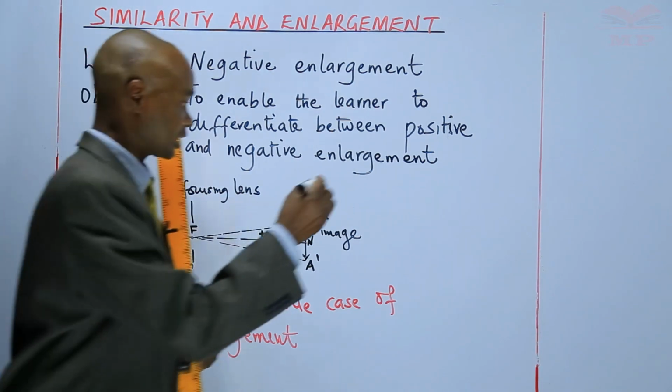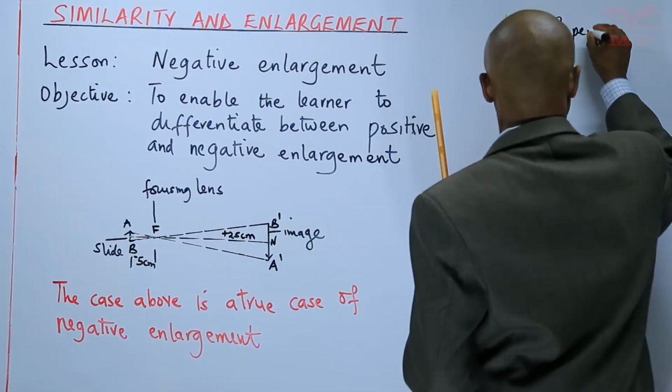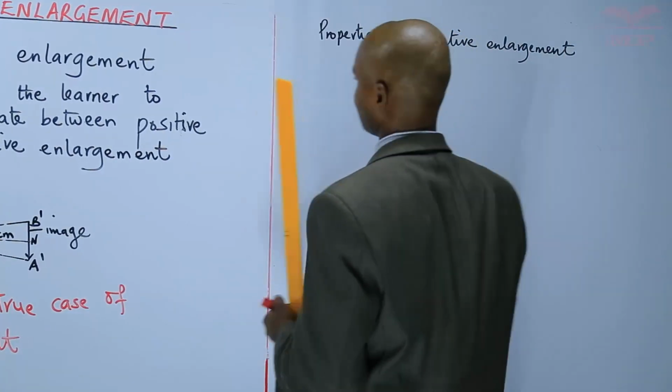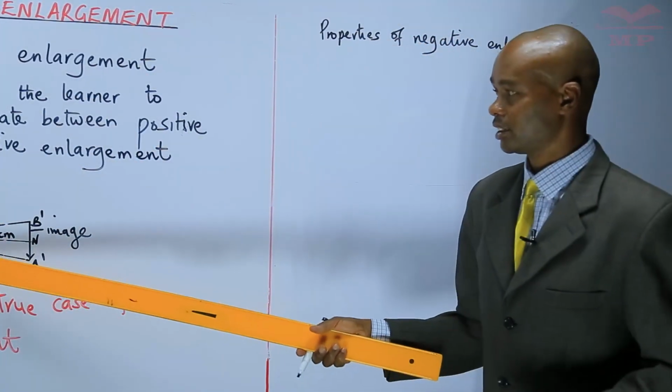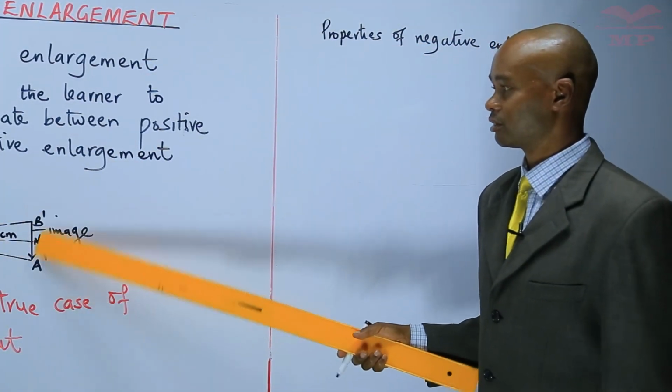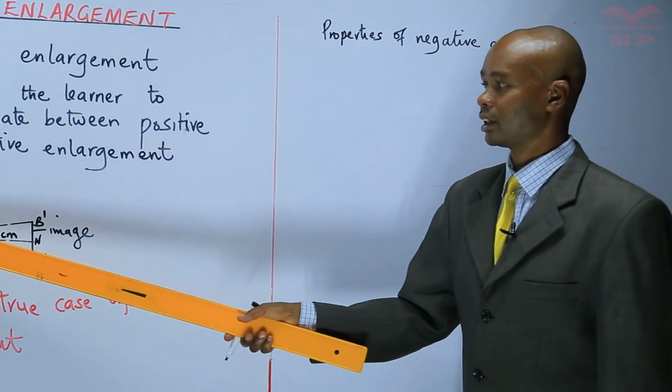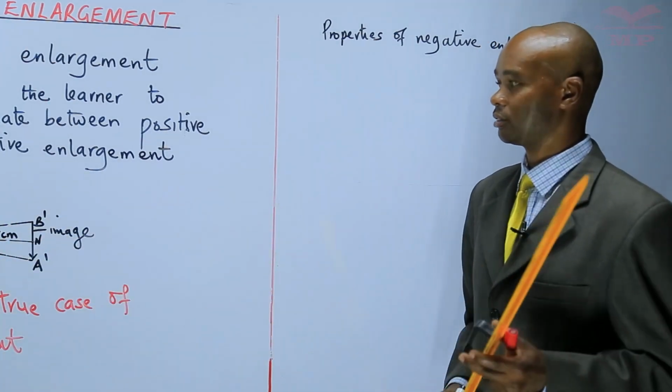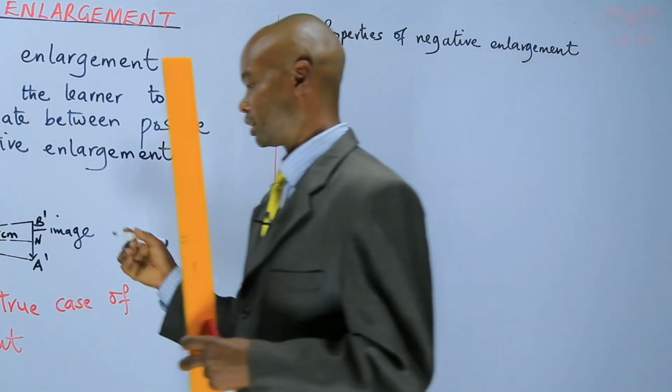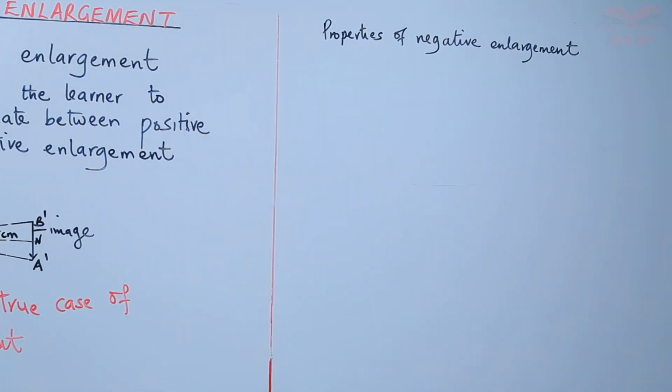So one can come and write the properties, and before we write them, we can see them there. The image is inverted. The enlargement takes place on different sides of the center. We shall take this to be the center of enlargement.